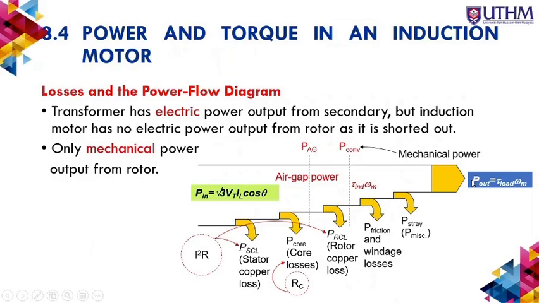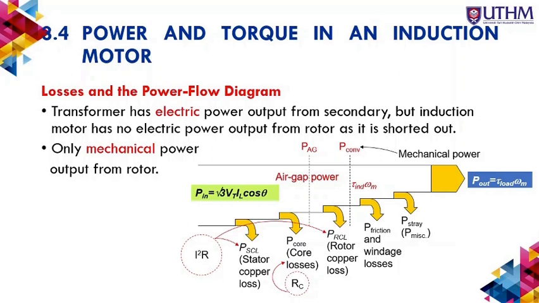We want to look at the power and torque in the induction motor. Normally there is an input power and also an output power. In the transformer, if you still remember, the input power and output power are the same, so P in equals P out.